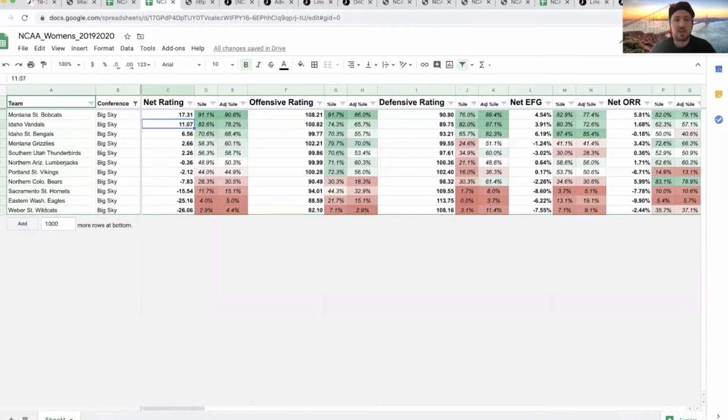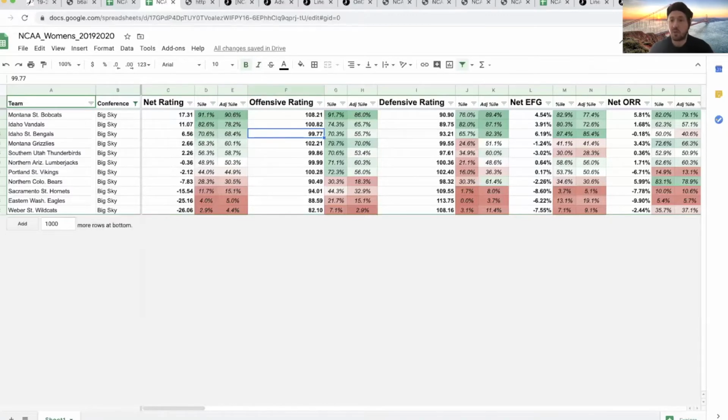So Montana State and Idaho are the clear 2 top teams, but then Idaho State actually is a clear third, because you've got a gap of 4 between them and Montana, and then 4 points between Montana and Portland State. So there's pretty clear tiers here. And so identifying Idaho State as the significantly better team is fairly straightforward using this approach.